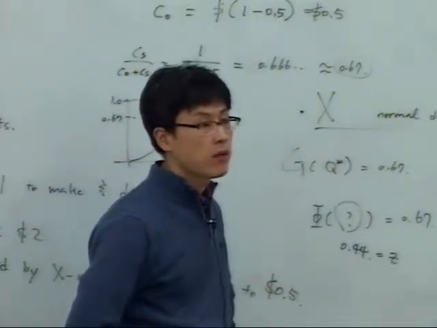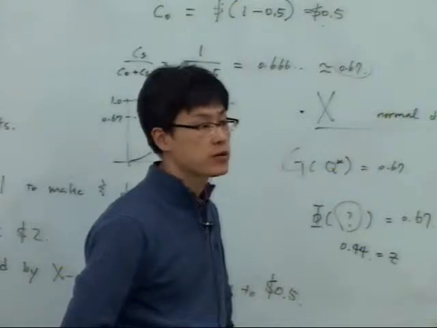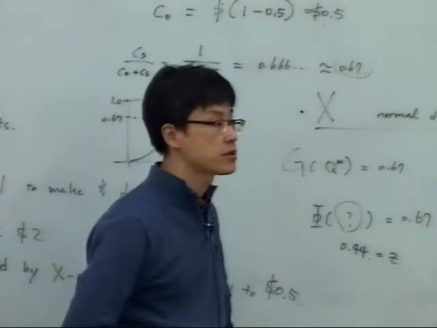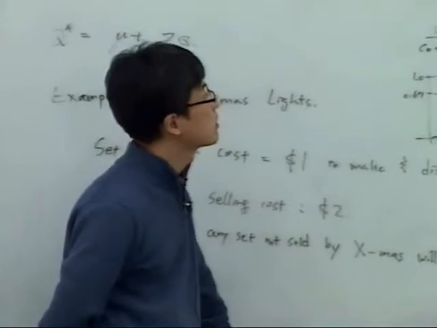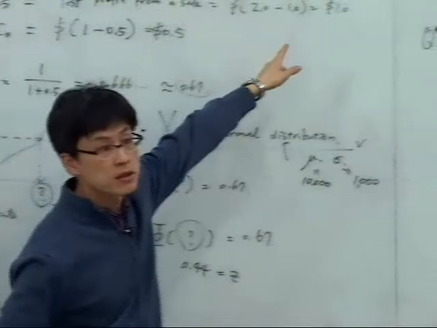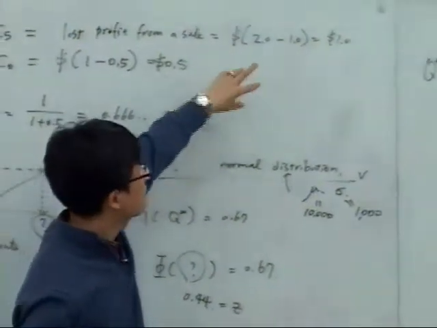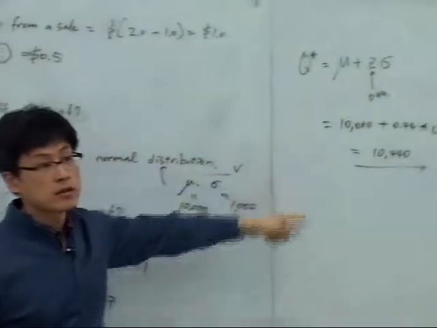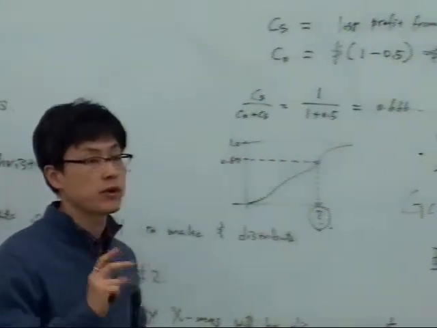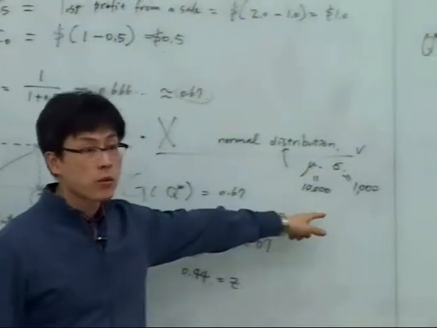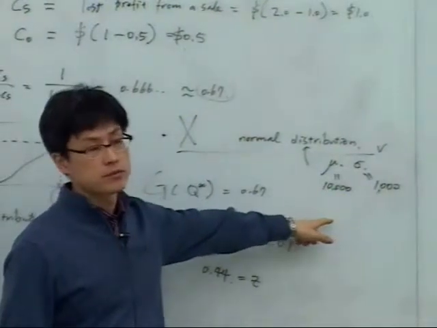So the probability of overage will be a little bit higher than the probability of shortage. However, that's because the cost of overage is half of the cost of shortage. If these two values are exchanged, then the optimal inventory size will be less than the average of the forecasted value, the expected value.